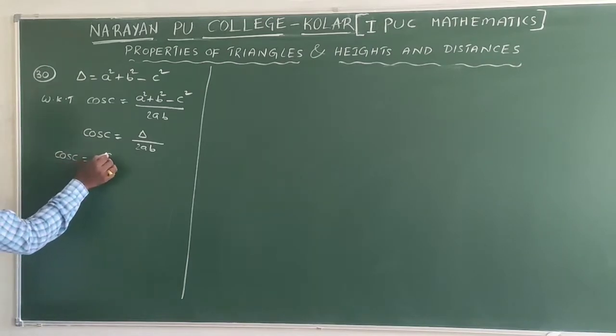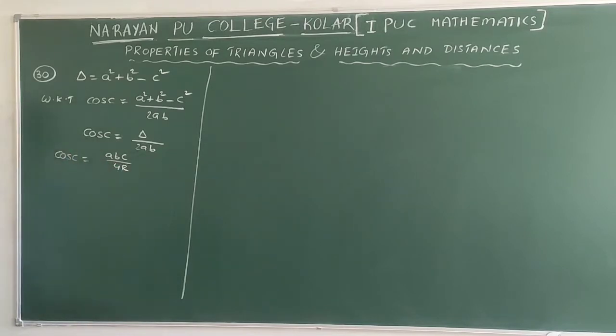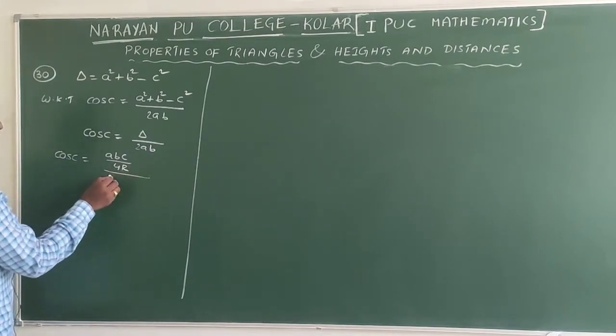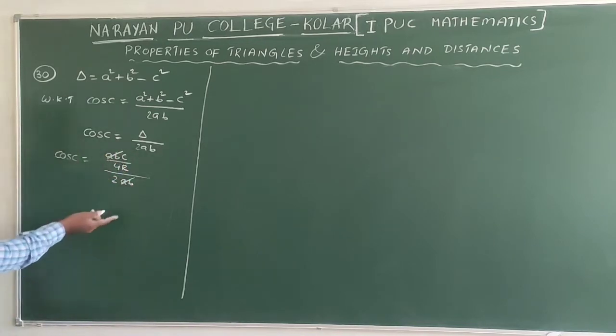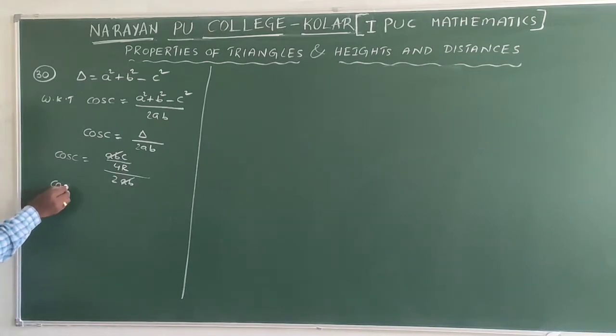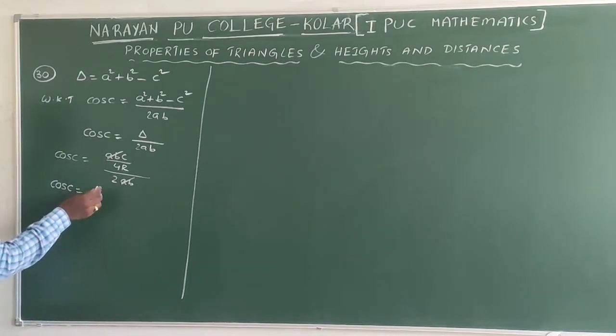Delta can be written as abc by 4R, by 2ab. ab cancels, and the 4 also comes down. Then cos C is equal to c by 4R.